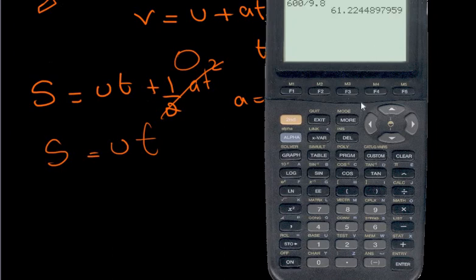Yeah, this is the time it will take. It will take around 61.8 seconds, and this is just an approximation. And if we multiply that by our initial velocity, we will get the displacement.